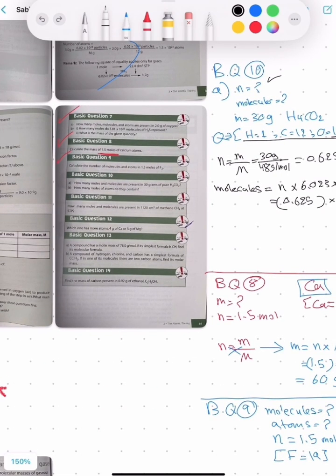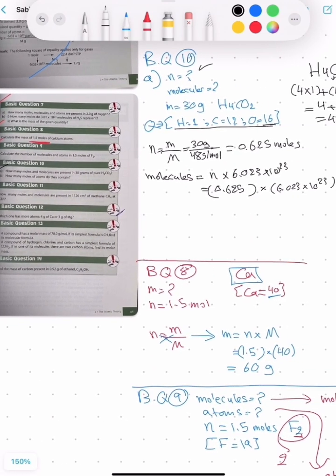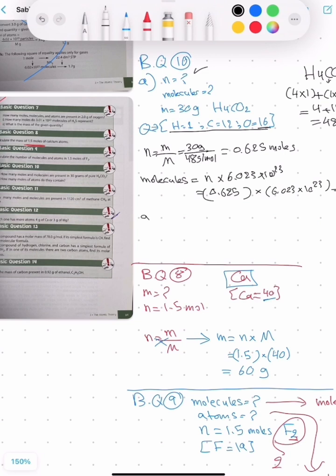That's it for A. For B, how many moles of atoms do they contain? Meaning the number of atoms, do not get confused. So atoms will be number of moles times Avogadro number times atomicity. So again, 0.625 moles times Avogadro number.